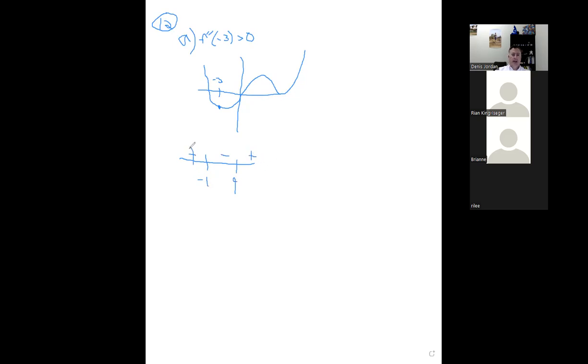Anytime you had a plus sign, that meant it was concave up. So if it's concave up, the second derivative has to be positive. Just like if it's a minus, it's concave down, which means the second derivative has to be negative, and so on and so forth.